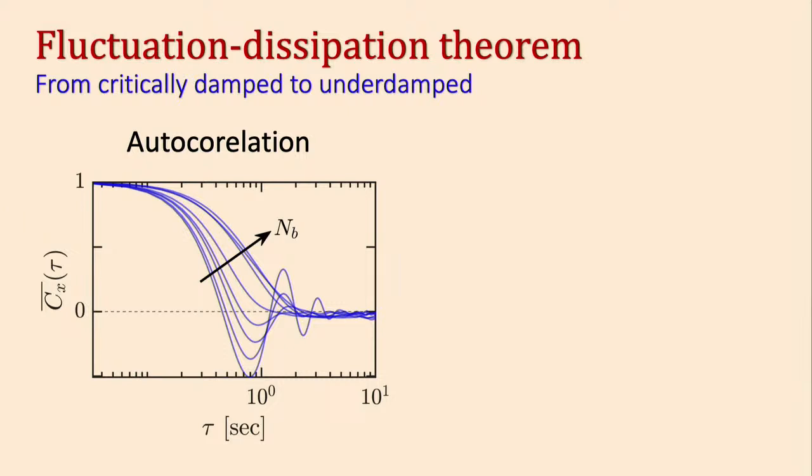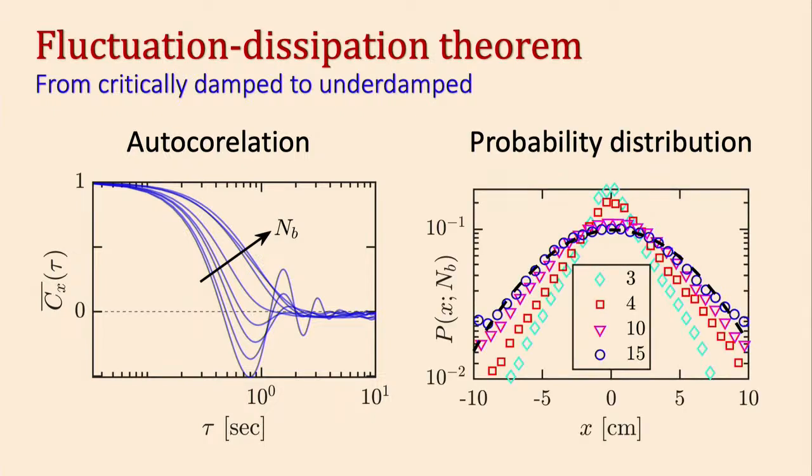The dynamics of the styrofoam ball are underdamped, as you can see from the correlation function. And as you increase the number of bots, they become more and more damped, reaching critically damped dynamics. They never reach overdamped dynamics. And the probability distribution of finding the particle at high numbers of bots is Gaussian.